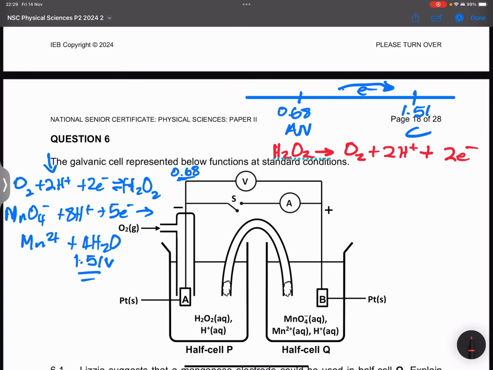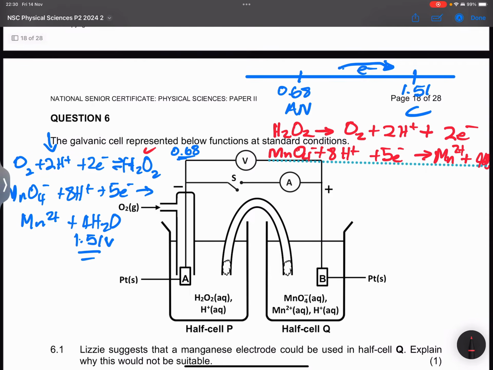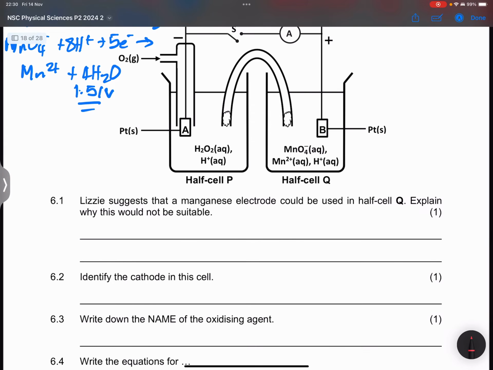Then the other one I'm going to write exactly as is: MnO4 minus plus 8H plus plus 5 electrons, which will give us Mn2 plus plus 4H2O. Now, I want you to note, ladies and gents, that if we're going to write down the net cell reaction, we're going to have to make some gymnastics over there. But let's answer the questions.